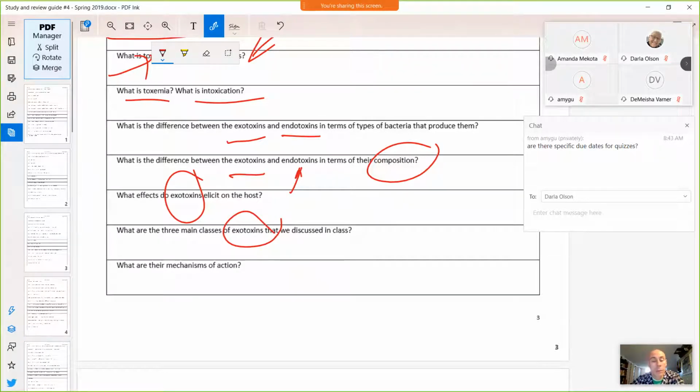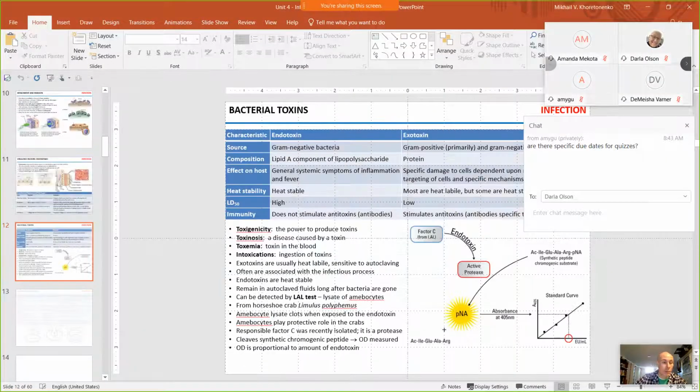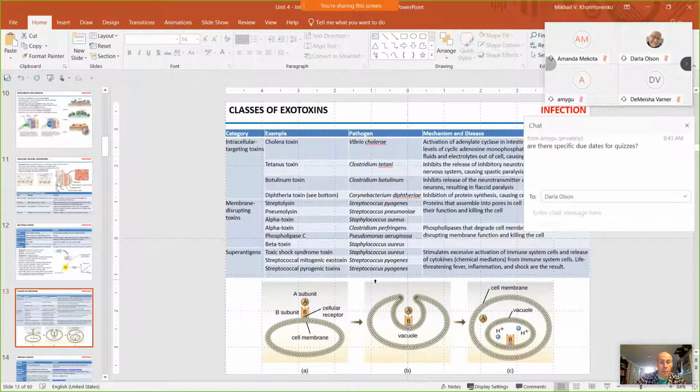So the question that I guess some of you may have: do we need to memorize that entire table? The answer is, of course not. Unfortunately, we were not in class, otherwise we would discuss some of those toxins because they are absolutely fascinating. But what you really need to know is the categories, okay?